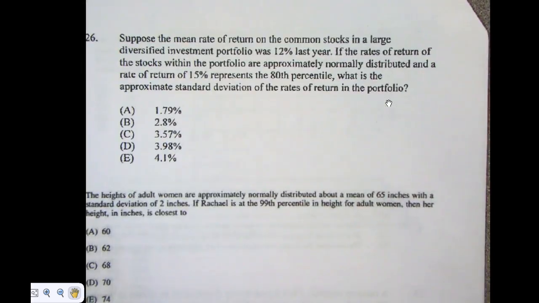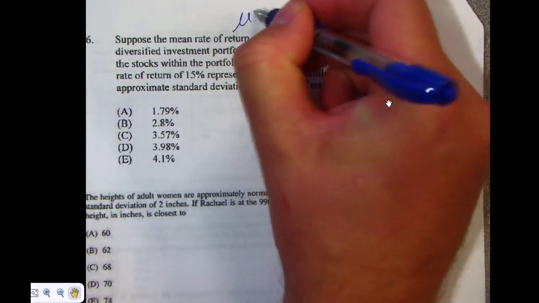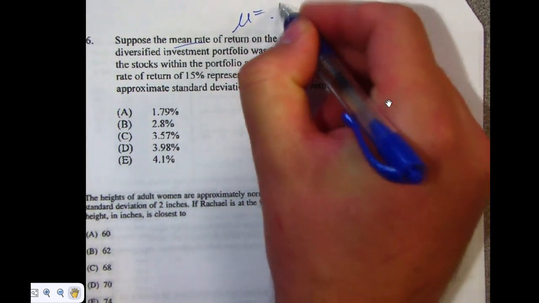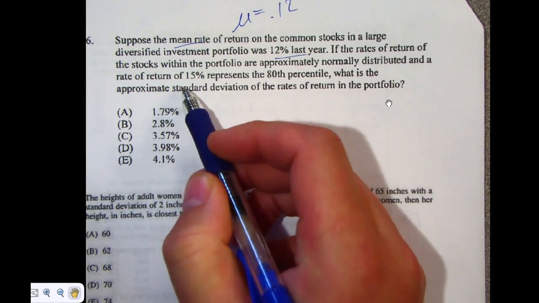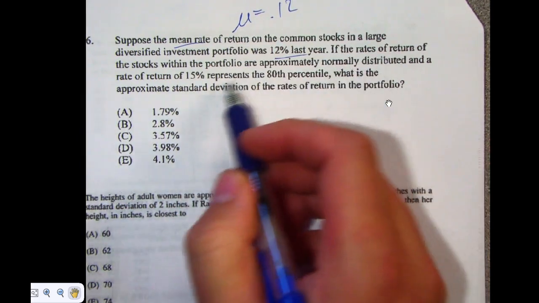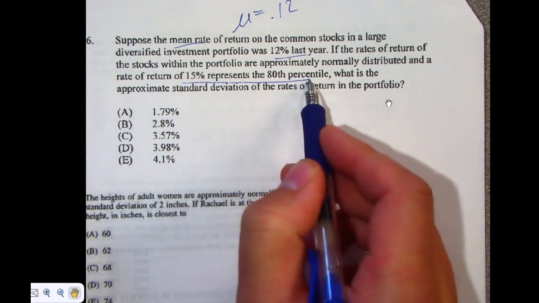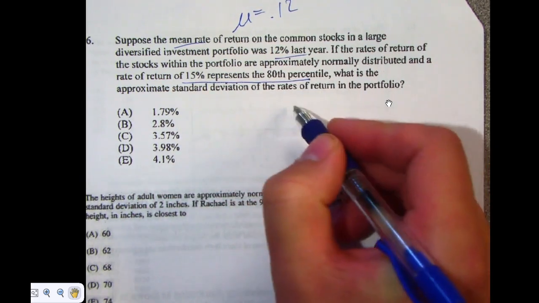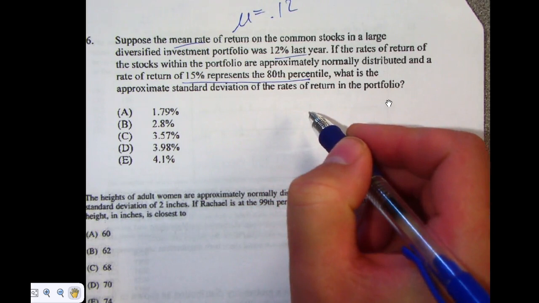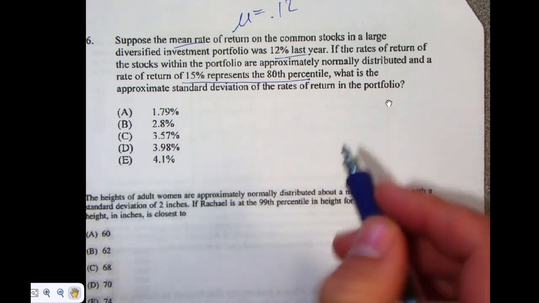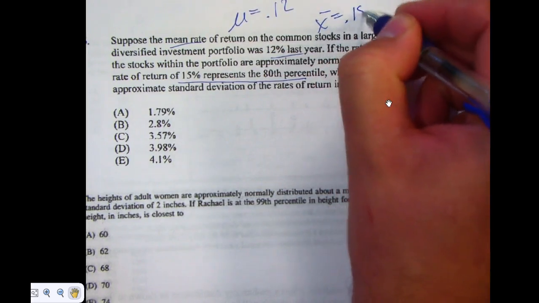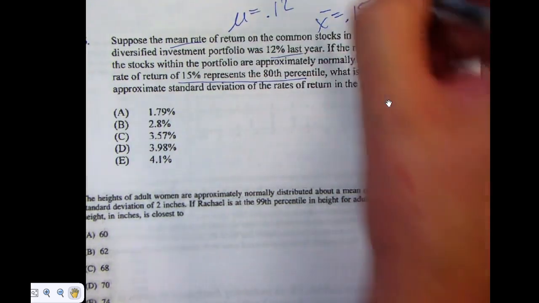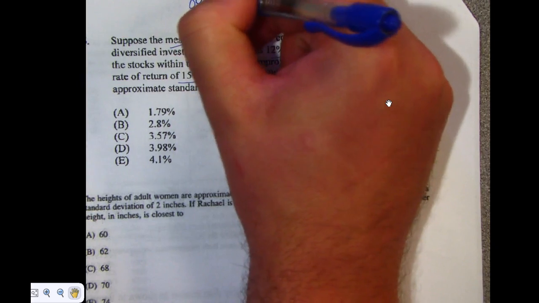All right, 28. So I've got a mean rate of 0.12. I got an X bar of 0.15, and that is in the 80th percentile.